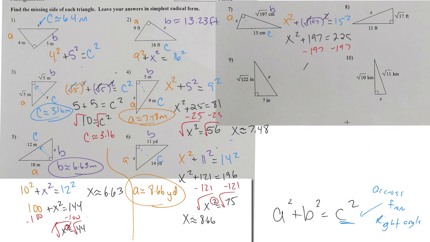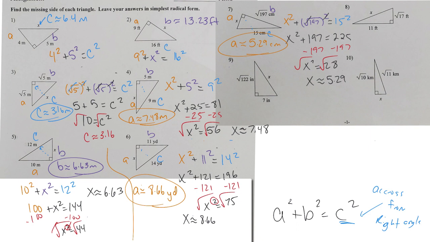So X squared is 28. Remember, to get rid of the little 2, we square root both sides. So X is about, and I just do the square root of 28 in my calculator, 5.29. So now I just go back to the beginning and I say A is about 5.29 and it is centimeters.